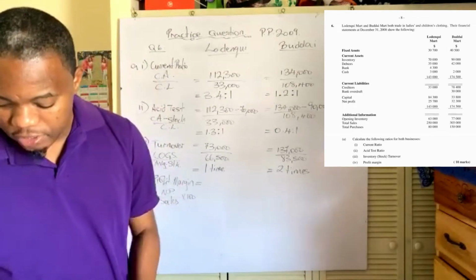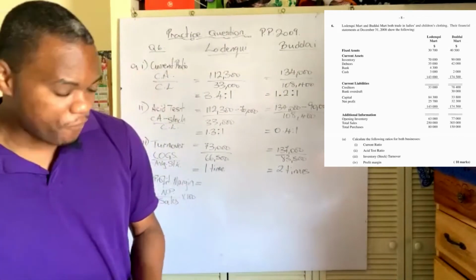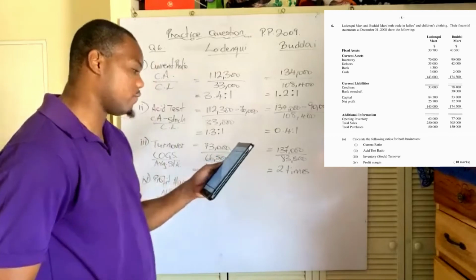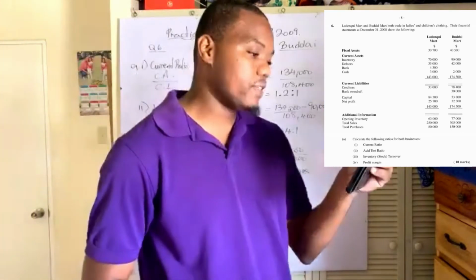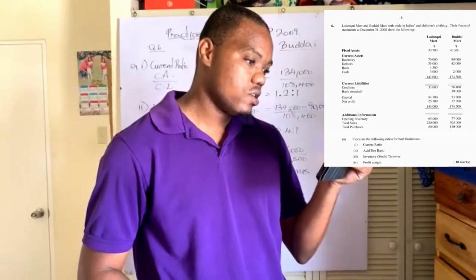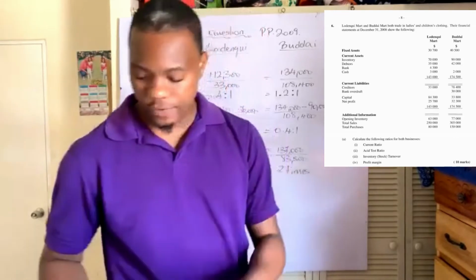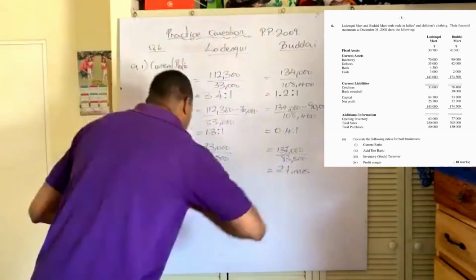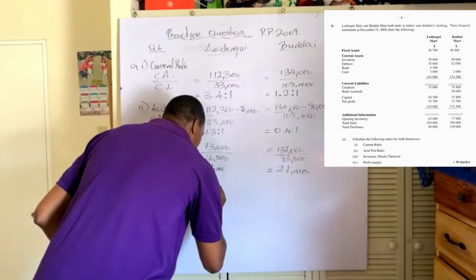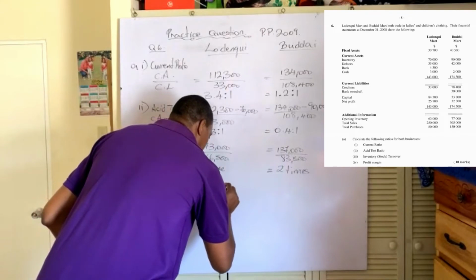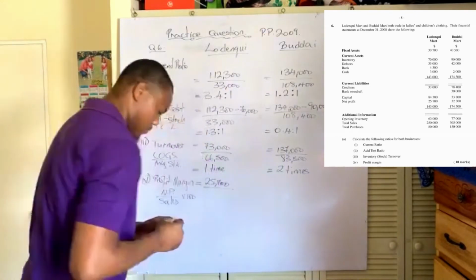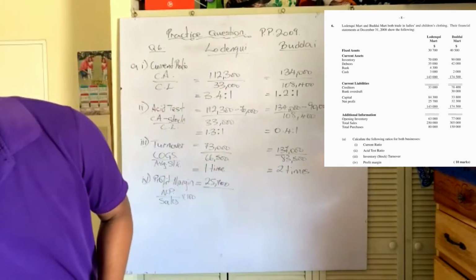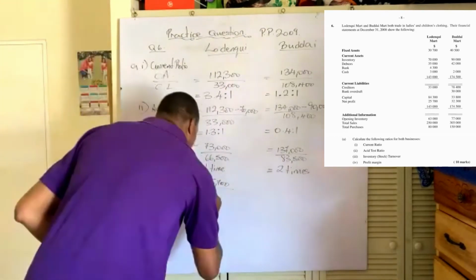So let's look at the profit margin ratio for Lodenki now. Net profit for Lodenki is 25,700. What is the sales figure for Lodenki? 250,000.